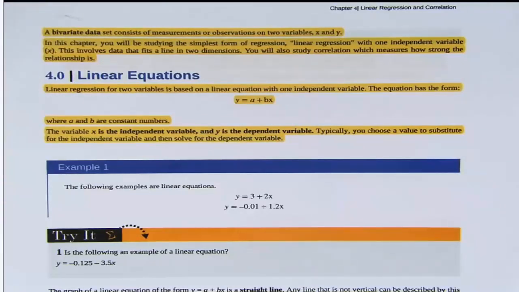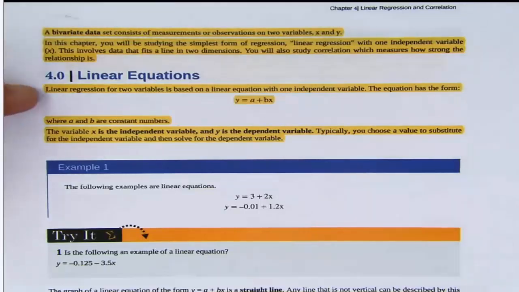In this video, I'm just going to briefly give you a review of linear equations, and we're going to talk about correlation, what it is, and how it's used to measure the strength and direction of a linear relationship between two variables, x and y, in a bivariate data set.